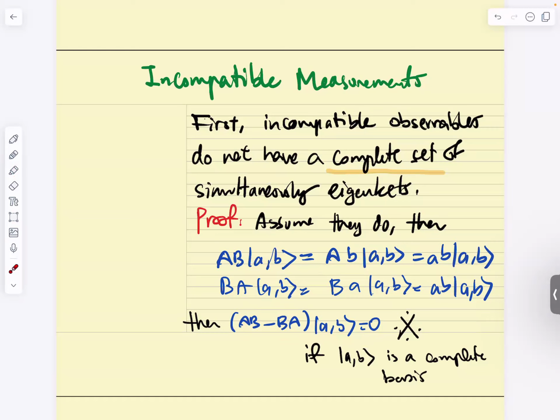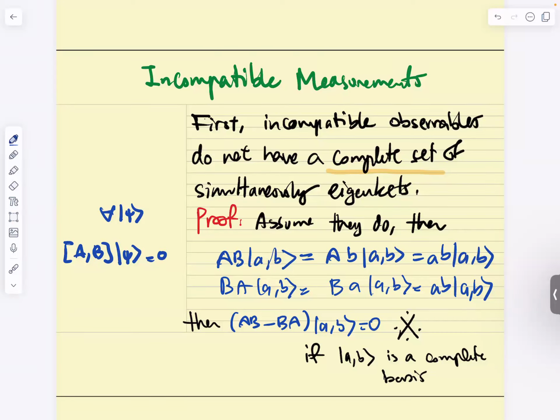If this equation was true for a set of kets a, b that span the whole Hilbert space, a complete set of such kets, what do you conclude? You conclude that this operator is 0. Why? Because you have an operator, the commutator of A and B, that acts on any vector and gives you 0. What is that operator? It's a 0 operator. So it has to vanish.